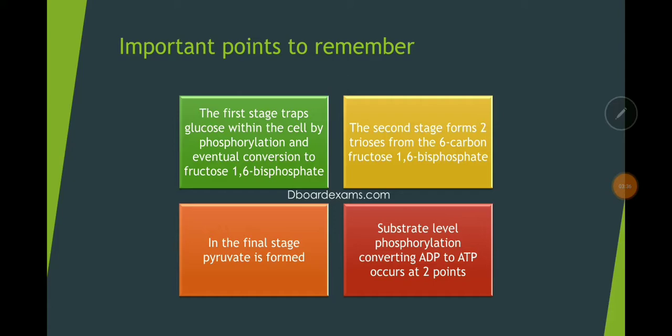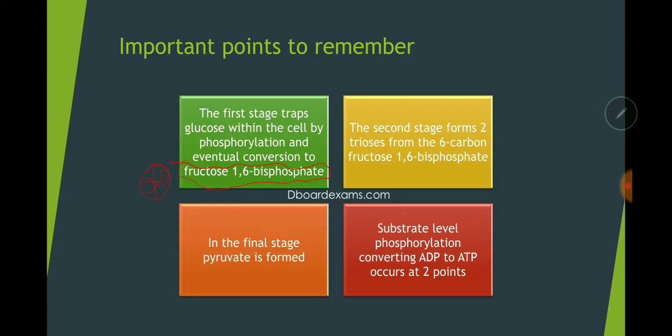What are the important points to remember here? The first stage of glycolysis traps glucose within the cell by phosphorylation, and eventually converts it to fructose 1,6-bisphosphate. Remember that point.